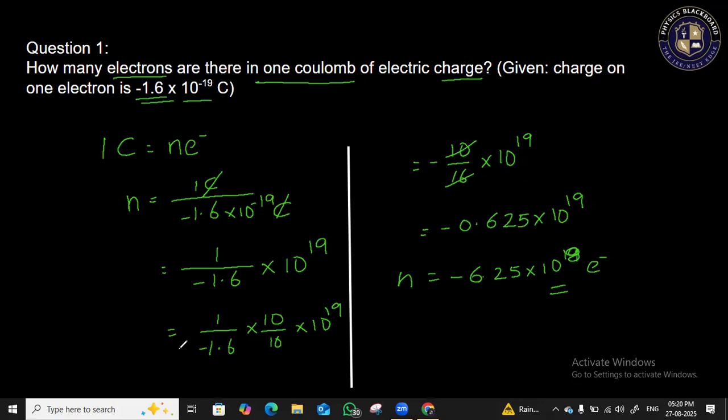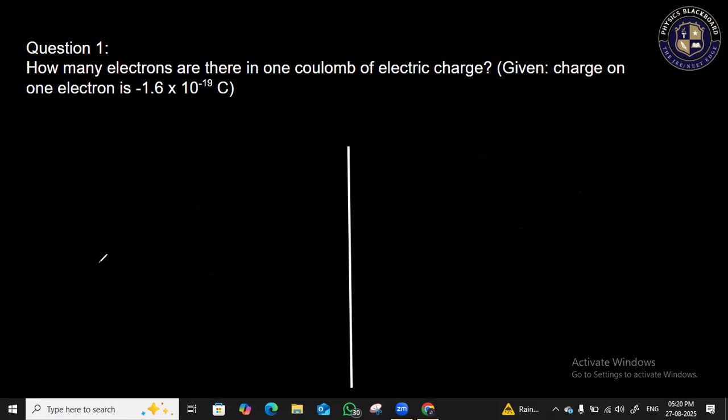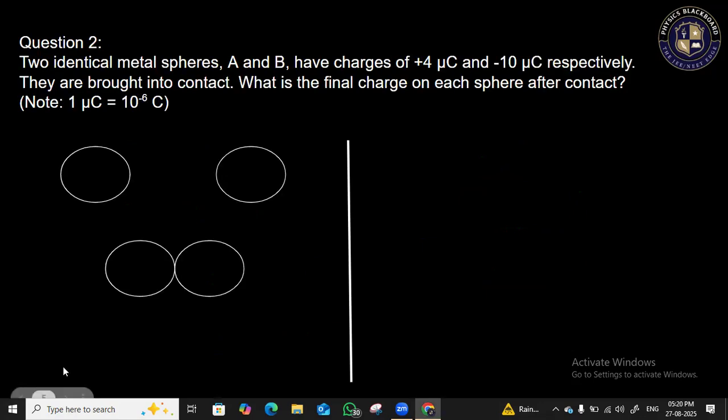Let's see one more numerical related to this charge. Two identical metal spheres, A and B, have charges plus 4 microcoulombs and minus 10 microcoulombs respectively. Let's say this is sphere A and its charge is plus 4 microcoulombs.